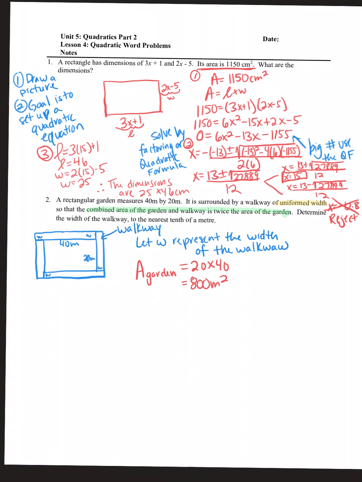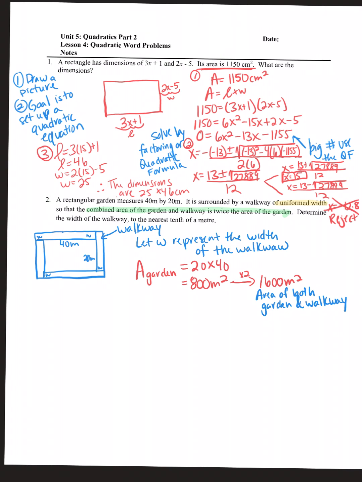So they're saying the combined area of the walkway and the garden is going to be twice that. So we can say times 2, that's going to be 1,600 meters squared. Okay, and that's going to represent the area of both garden and the walkway. Right? This is the area of both of them, which is twice the area of just the garden.